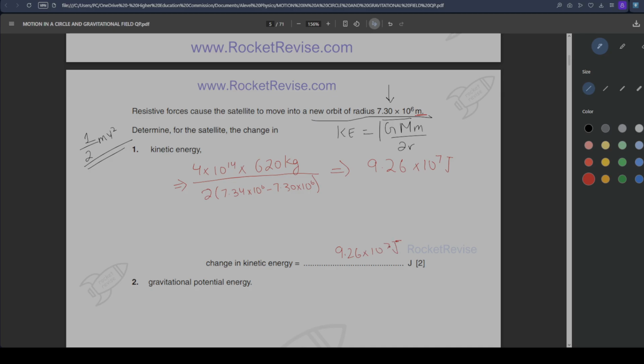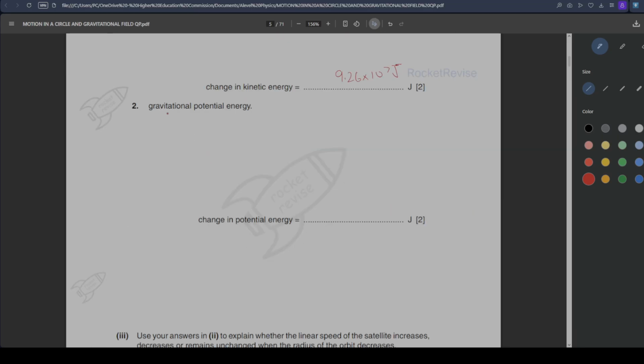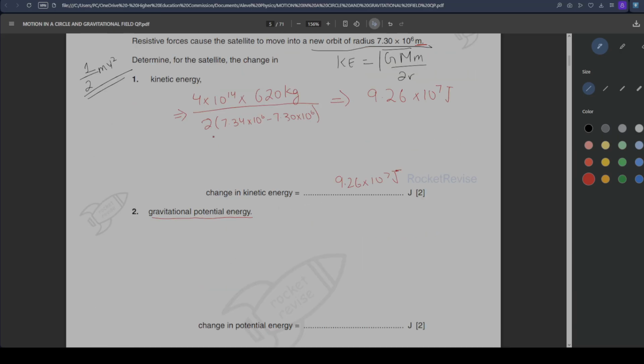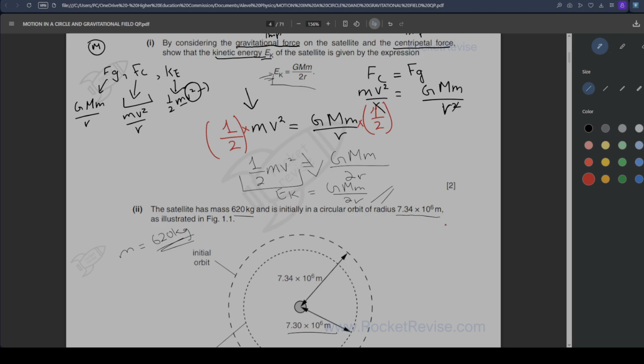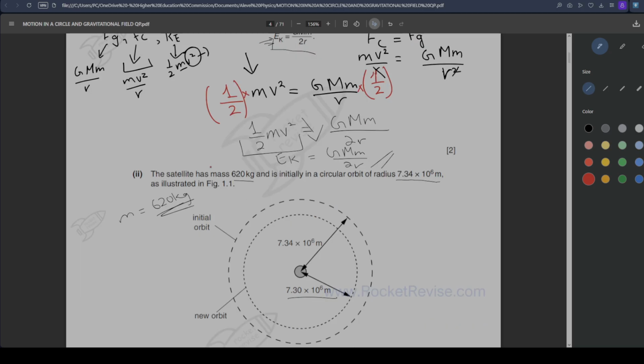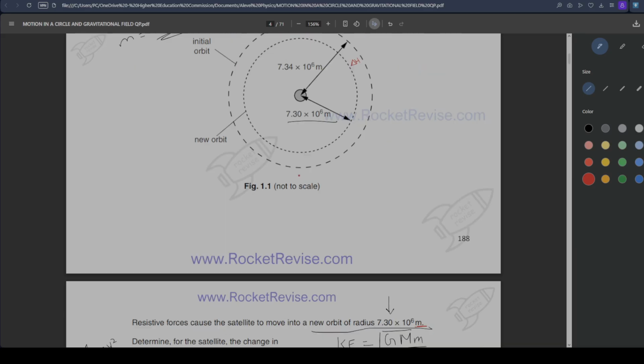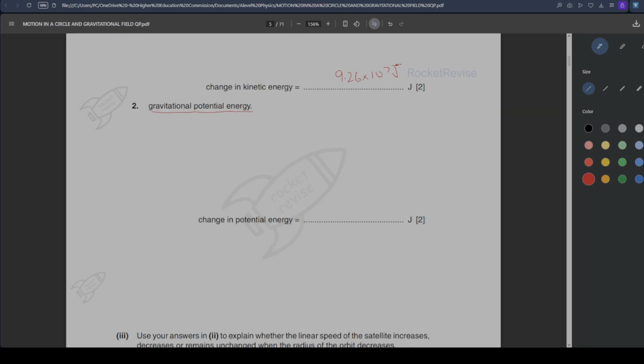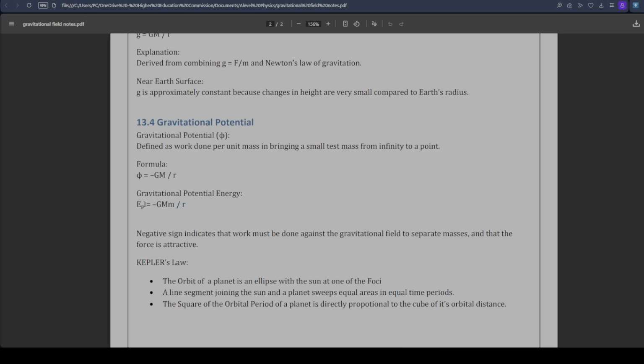Okay. And for the next part, they've asked us the change in gravitational potential energy, okay. So for this part we have the change in heights, right? We have the difference of the two orbits, so we can calculate delta h, the change in height, the change in radius. And again, here the same thing applies, you need to know these formulas, and through these formulas you can just calculate them.